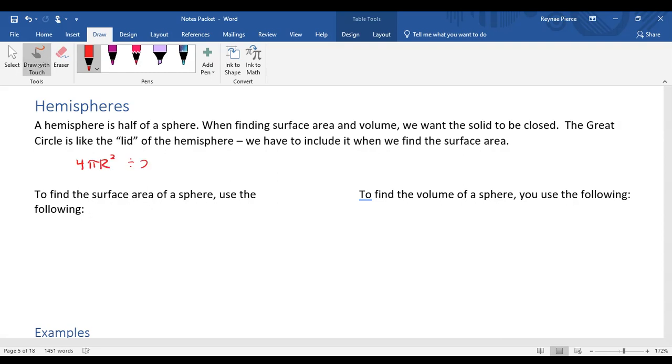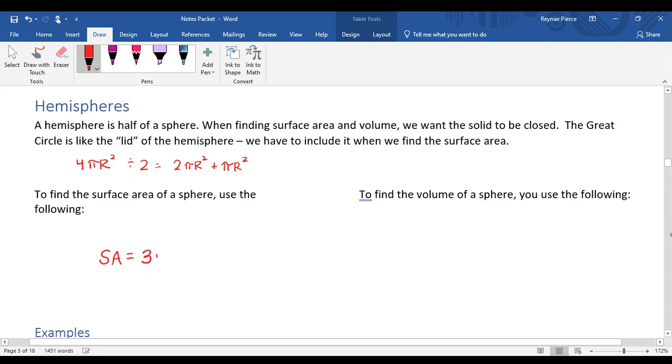If we cut that in half, that's 2 pi r squared. But for hemispheres, we want to include the great circle, which is kind of the lid. So we're actually going to add another pi r squared. So the surface area of a hemisphere is 3 pi r squared.